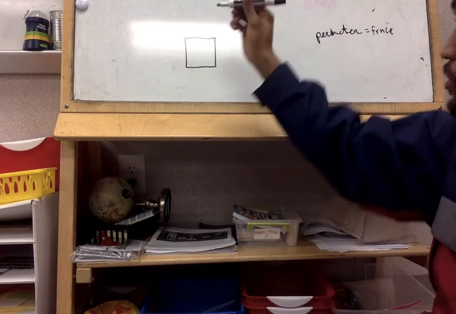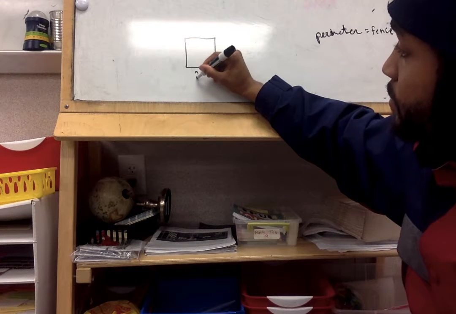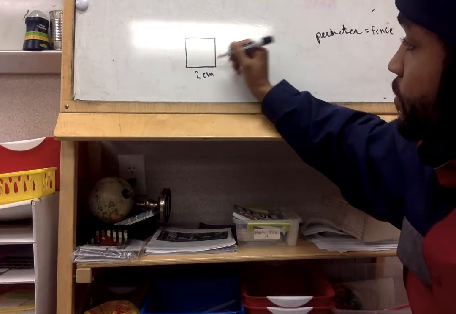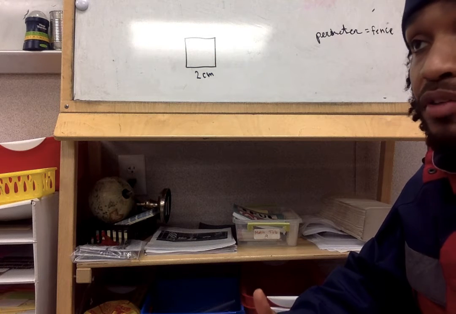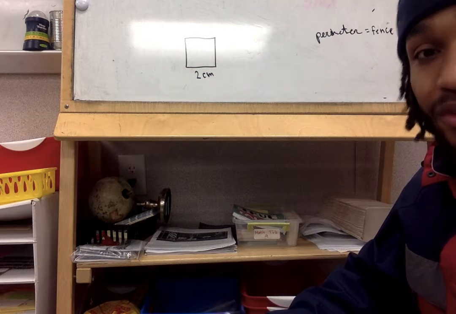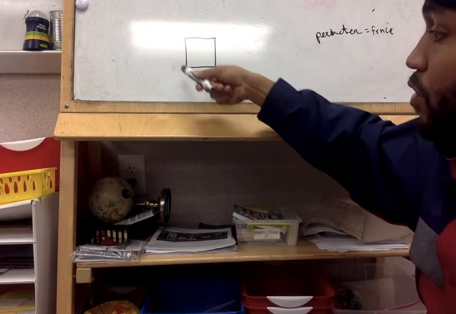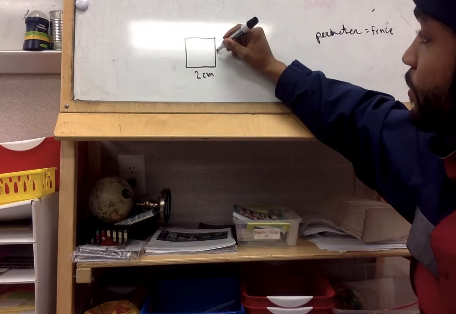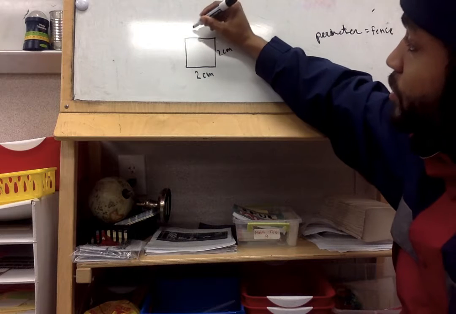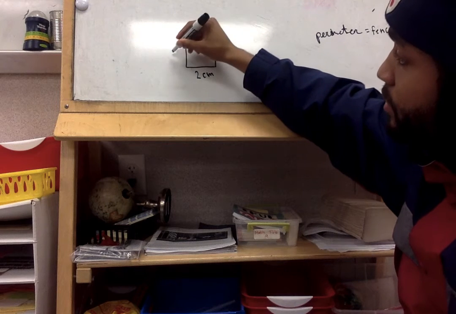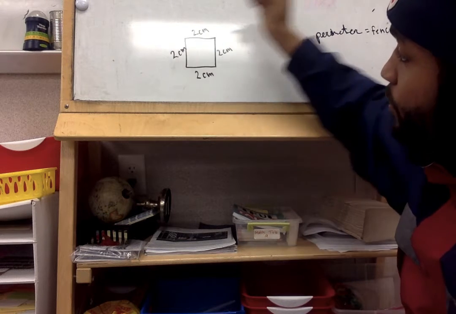Remember, congruent just means equal lengths. So let's say I make this 2 centimeters. Because of our previous work with quadrilaterals and knowing that squares have all congruent sides, they should be able to know that this side would be 2 centimeters, this side 2 centimeters, this side 2 centimeters as well.